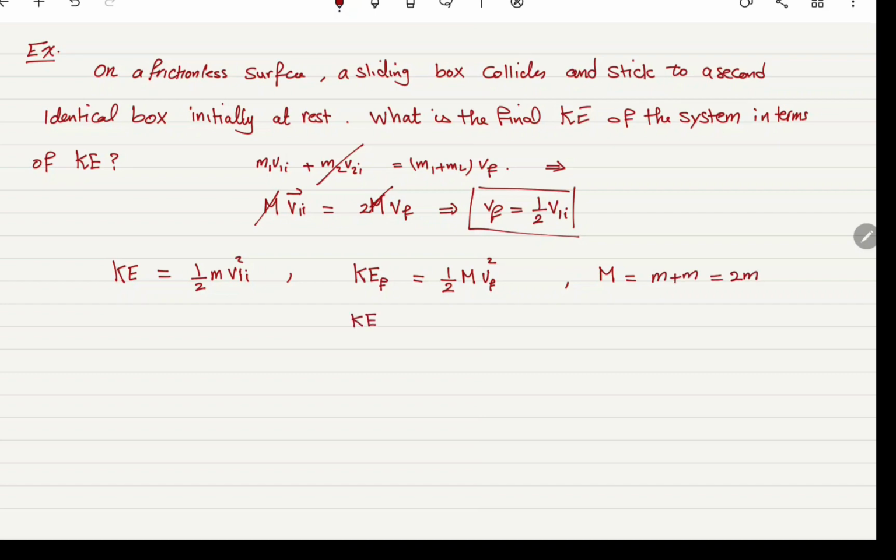Now the final kinetic energy equals half 2m times half v1 initial, squared. Rearranging this, you will get the final kinetic energy equal to half of half m v1 initial squared, or it's equal to half the initial kinetic energy.